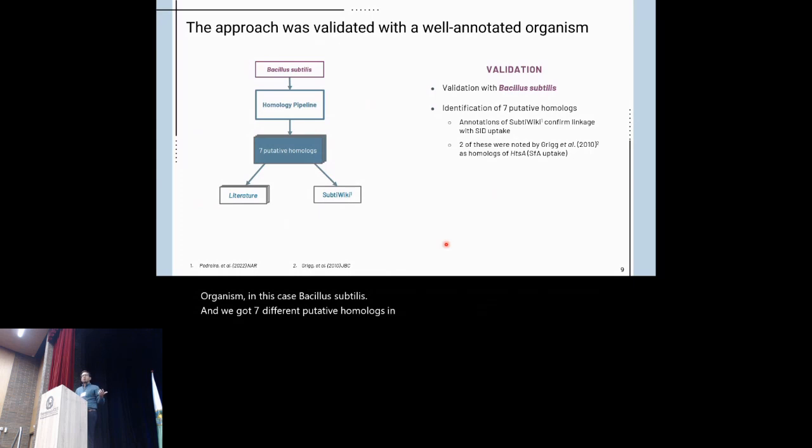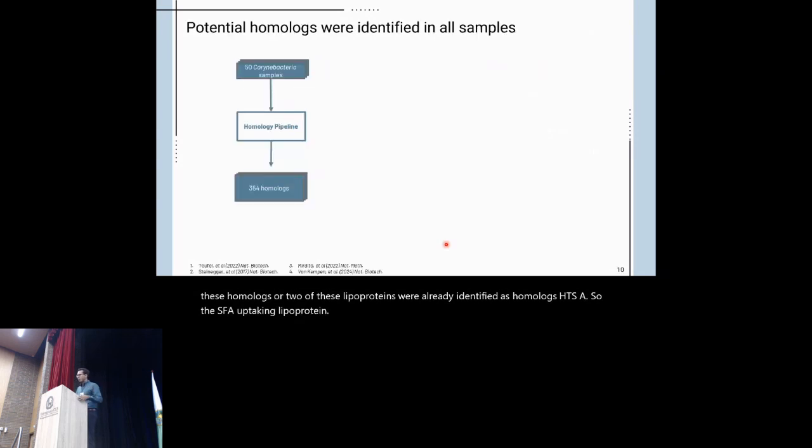When we went to the literature, we were able to compare this with SubtiWiki, and we were able to verify that all of these 7 homologs are already known to be related to siderophore uptake. Moreover, 2 of these lipoproteins were already identified as homologs of HtsA, the siderophore-uptaking lipoprotein. So we were confident and applied this to our Corynebacteria.